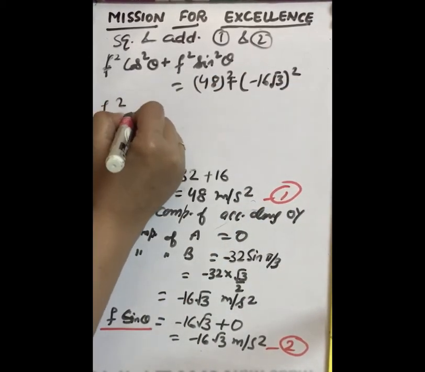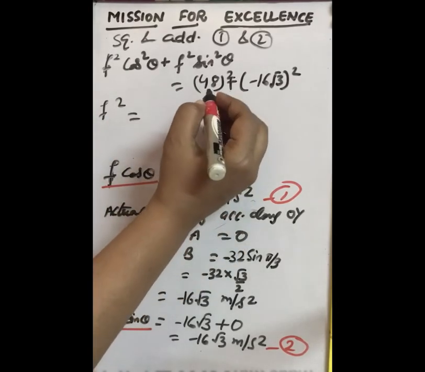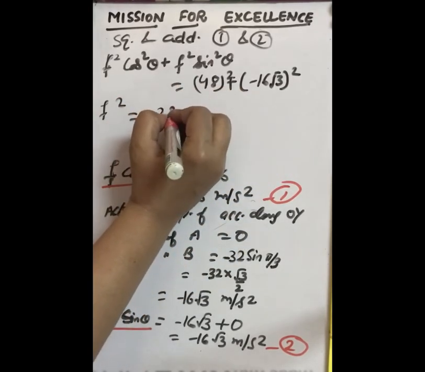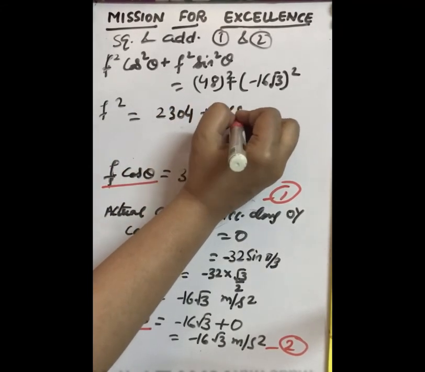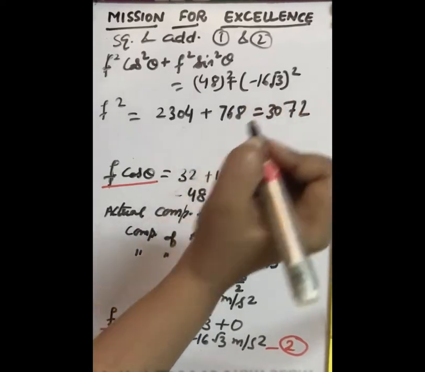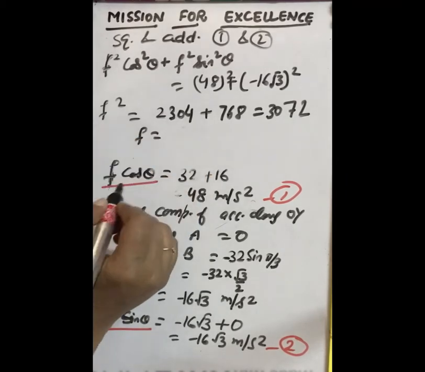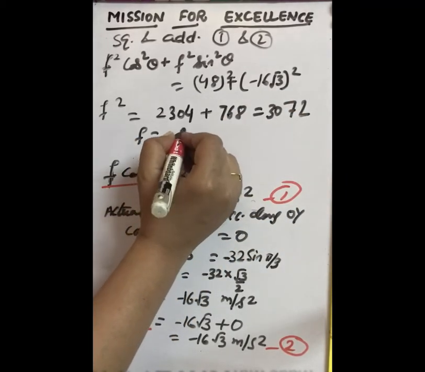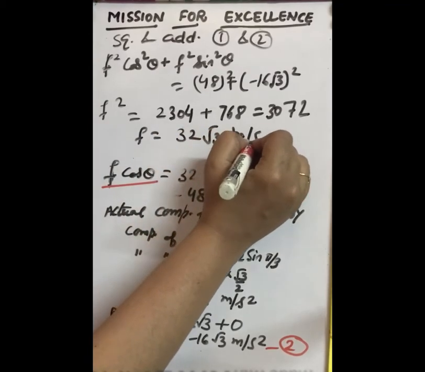So F square comes out to be, cos square plus sine square will become 1, and 48 square is 2304 and this is 768. So this comes out to be 3072. So taking the root, it is 32 root 3 meter per second square.